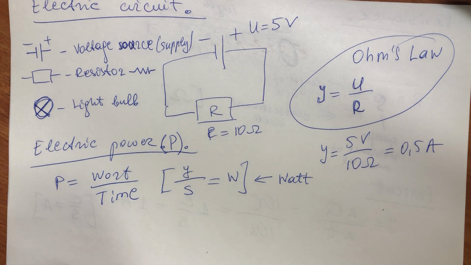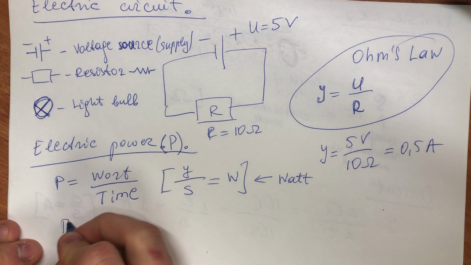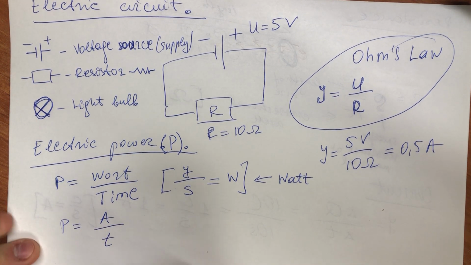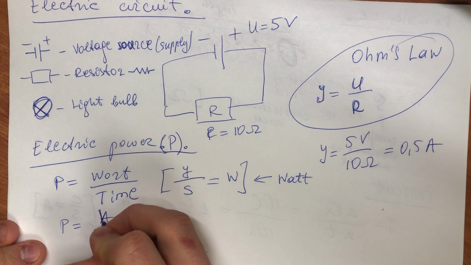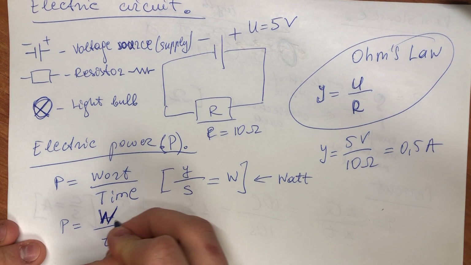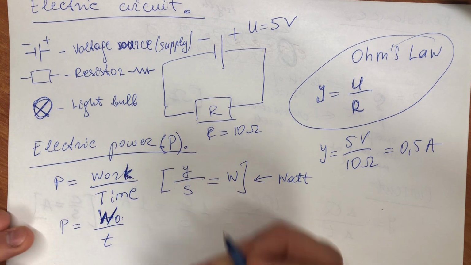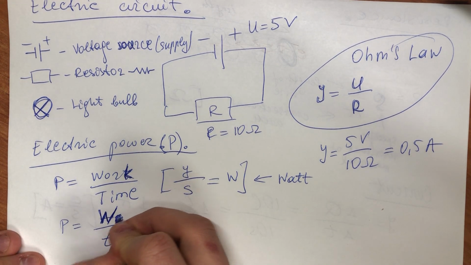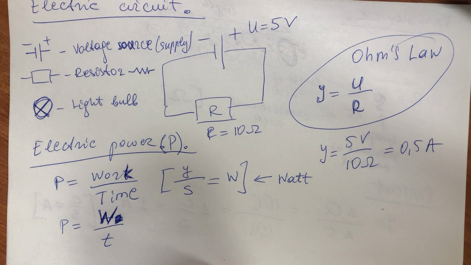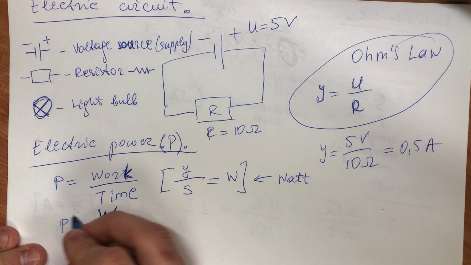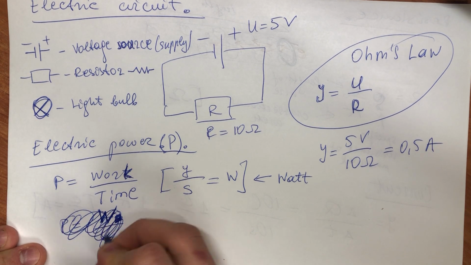How can it be calculated? Power is work divided by time. Work W, so as not to confuse it with watt, we can write work divided by time.